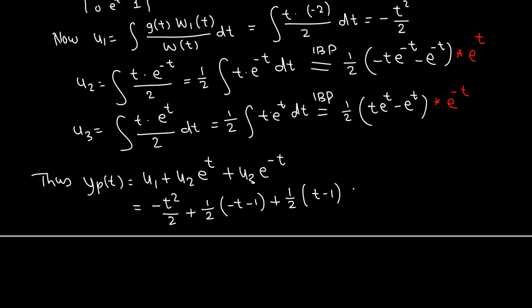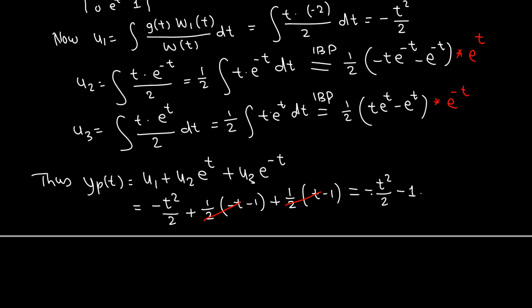And let's simplify this, which is negative t squared over 2. Here now, when we distribute, 1/2 times minus t, so minus 1/2 t, plus 1/2 t, cancel. 1/2 times negative 1, negative 1/2, here is 1/2 times negative 1, another negative 1/2. So 1/2, 1/2, minus 1/2, minus 1/2, we get just 1, minus 1.